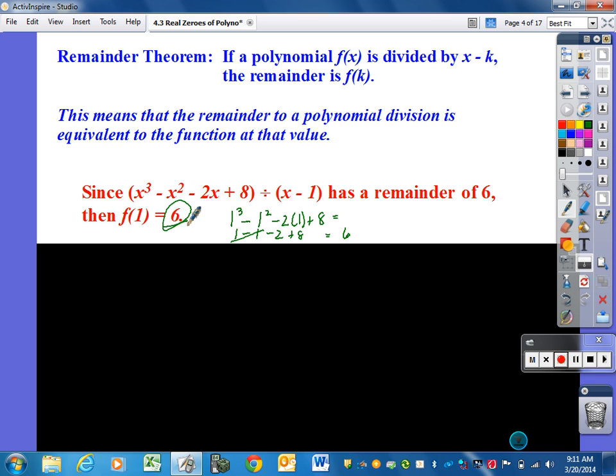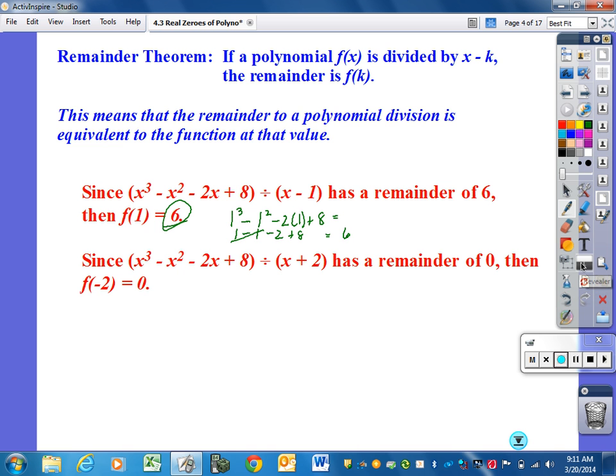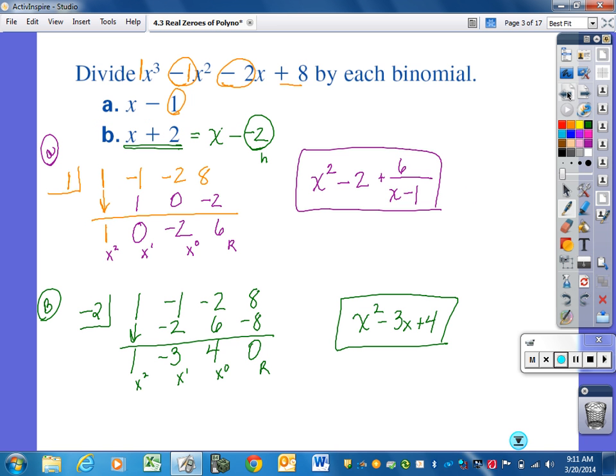Synthetic division, whatever my remainder was, will be my answer when I evaluate at that value in the divisor box. We also had divided by x plus 2. And my h was negative 2. So f of negative 2 will be 0 because my remainder was 0. So I'm just going to go back there. My remainder was 6, so that meant f of 1, which was my h, would equal 6.